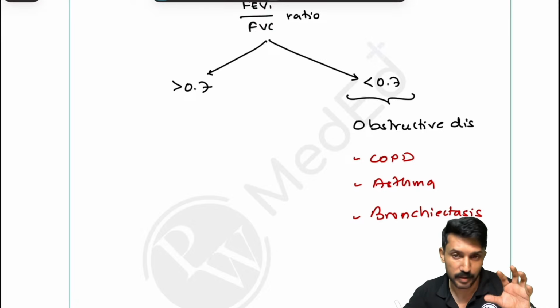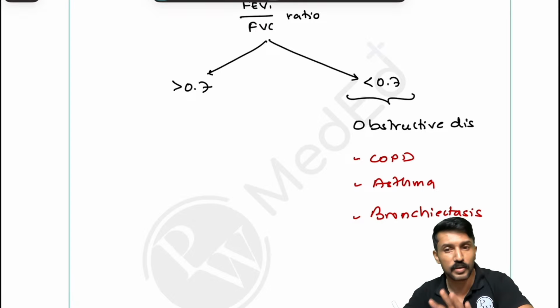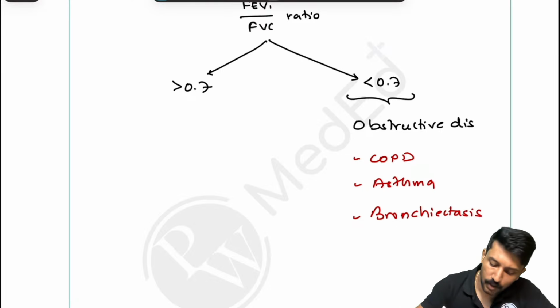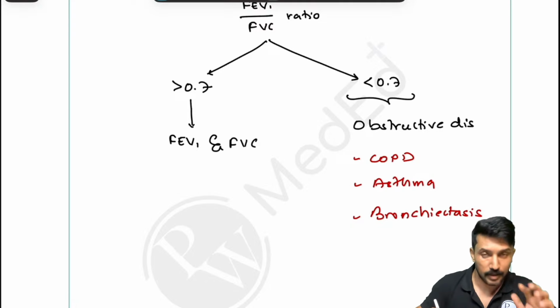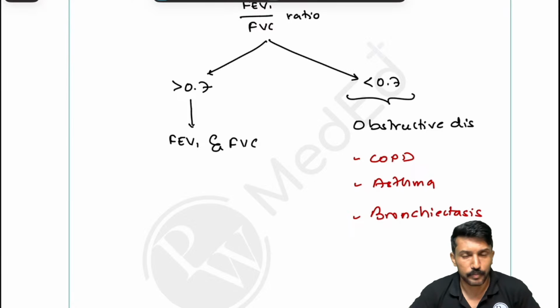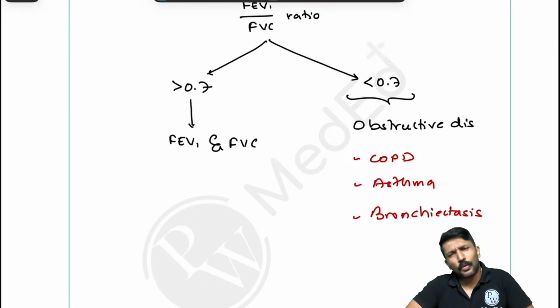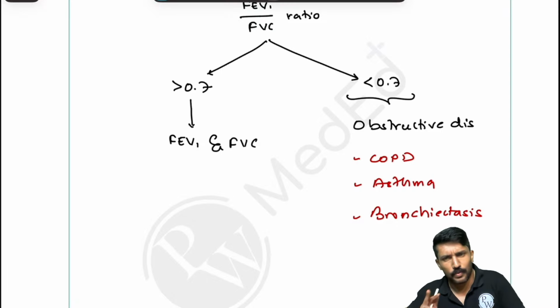And if the ratio turns out to be more than 0.7, it could mean two things. Either you have a restrictive respiratory disorder or you have no respiratory disorder at all. So then how will I differentiate? I will look at FEV1 and FVC values. Ratio is what I'm seeing first. If ratio is normal, then I'm looking at FEV1 and FVC independently. If ratio is low, it's always obstructive disorder. It doesn't matter what is happening with the values.